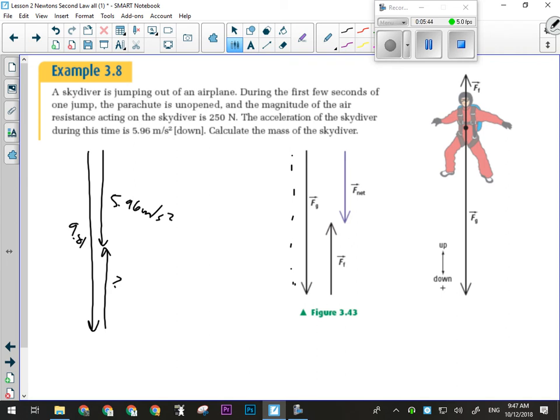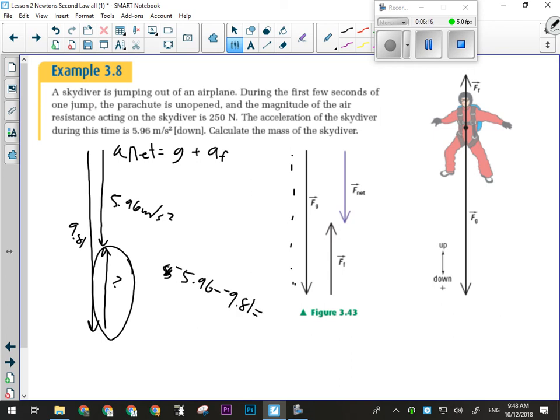So we'll just do a sum of all accelerations calculation to get the acceleration that would be produced by air resistance alone. So A net equals g plus the acceleration due to friction, a_F. We're going to bring g over by subtracting it. So we'll have negative 5.96 minus negative 9.81.